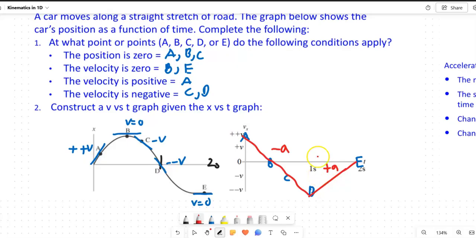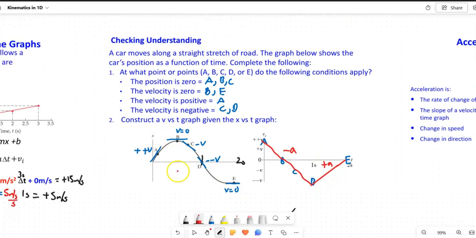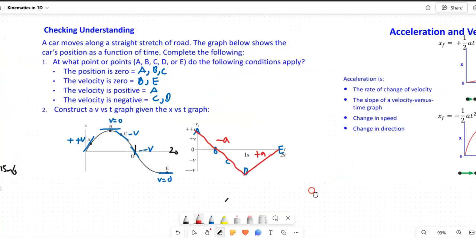Okay, so identifying those slopes in a position versus time graph and how they become a velocity or a y-intercept in a velocity versus time graph is crucial to building this skill set in understanding a position versus time graph and accelerated motion. Okay?